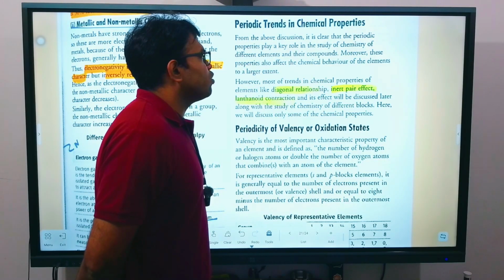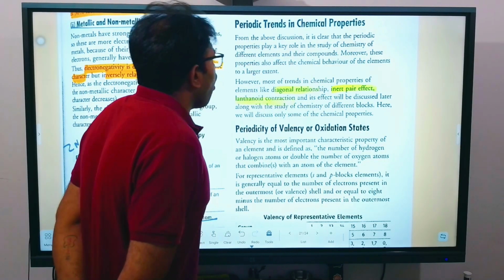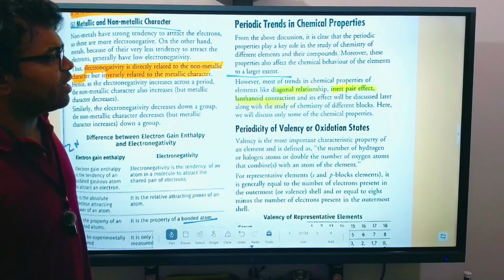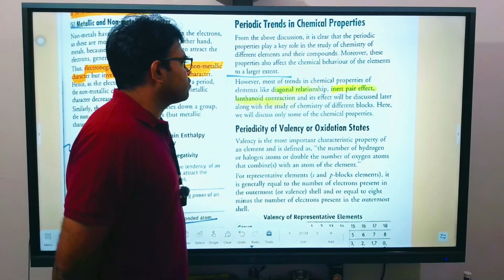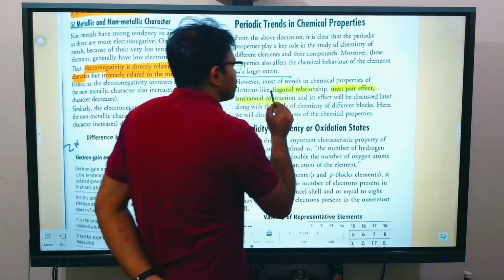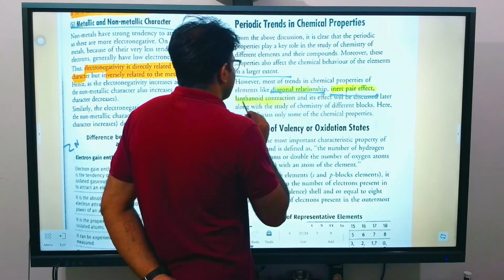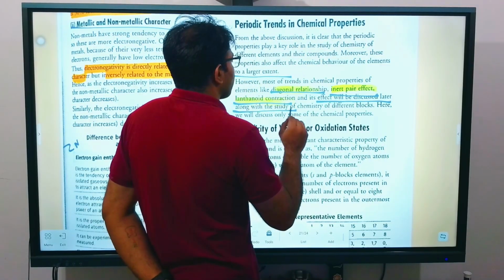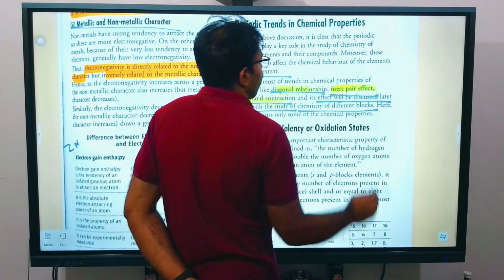Moreover, these properties also affect the chemical behavior of elements to a very large extent. However, most of the trends in chemical properties of elements like the diagonal relationship, the inert pair effect, the lanthanoid contraction and its effects will be discussed later along with the study of chemistry of different blocks.